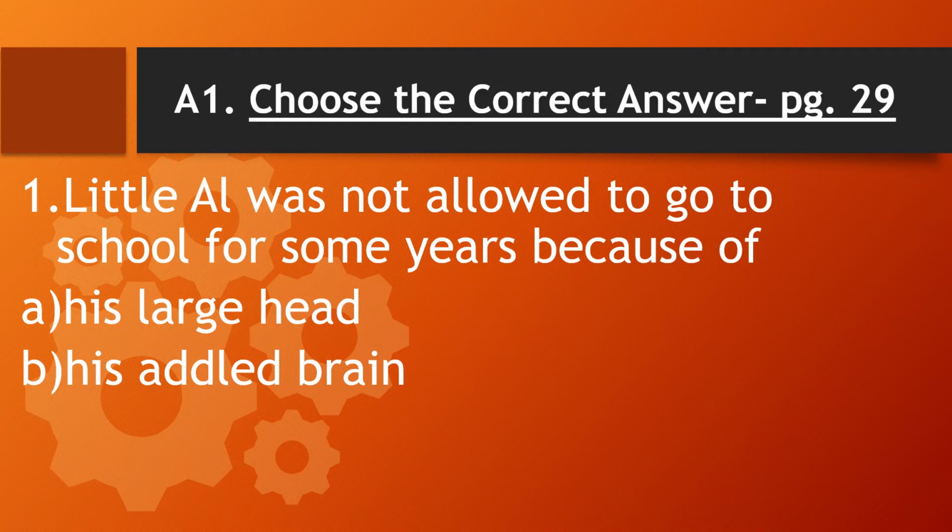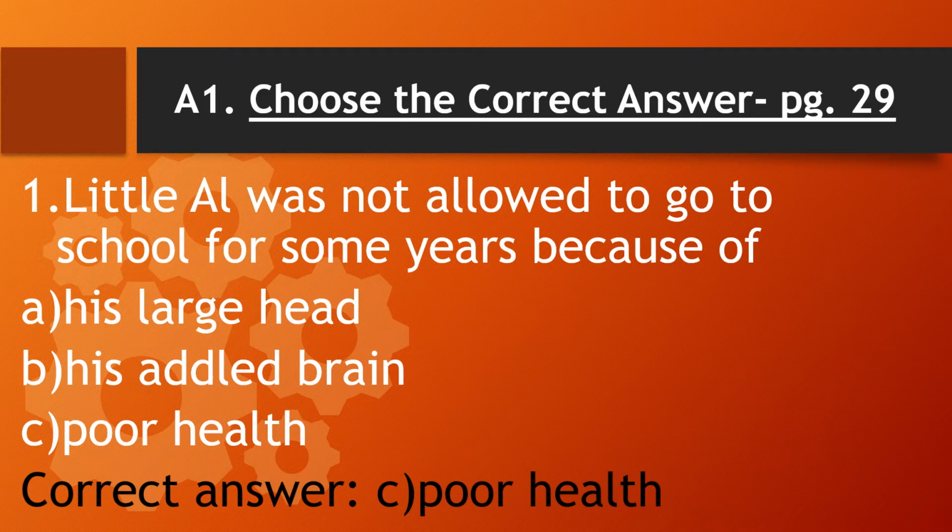The second option is his adult brain. And the third option is poor health. Do you know the correct answer? Yes, it's very easy. The correct answer is C, poor health. So the statement is, Little Al was not allowed to go to school for some years because of his poor health.